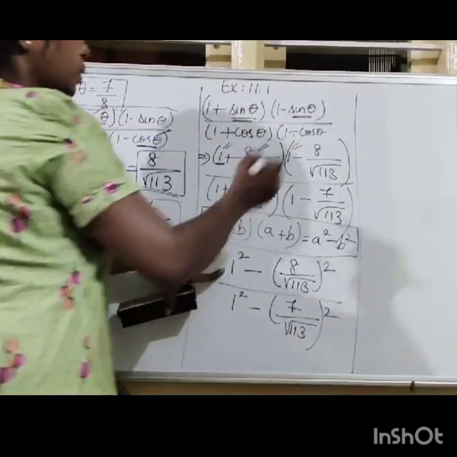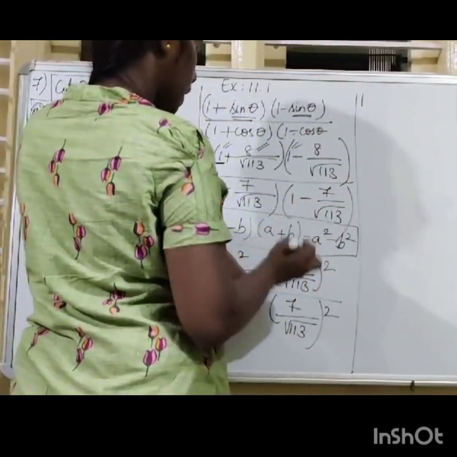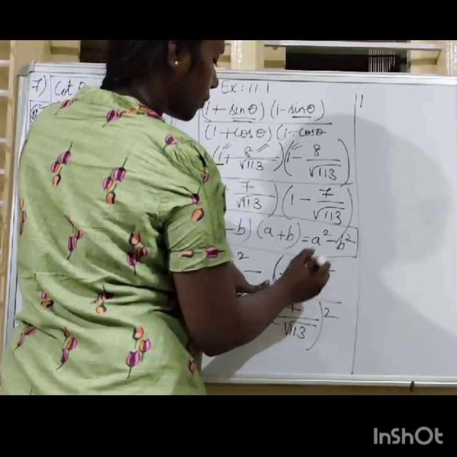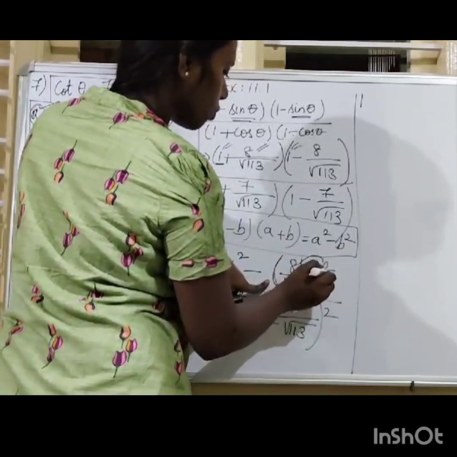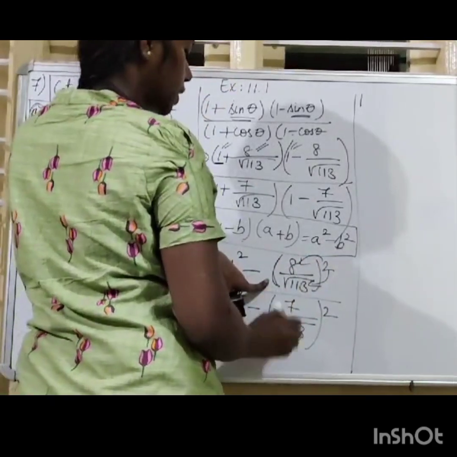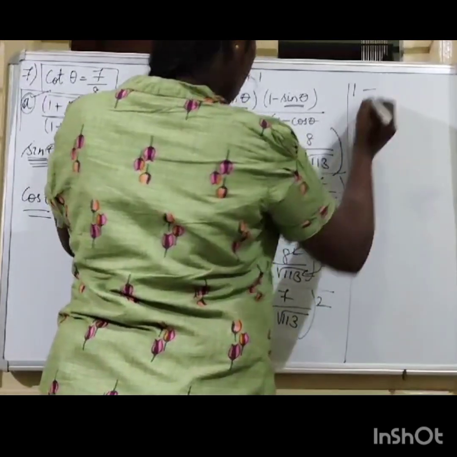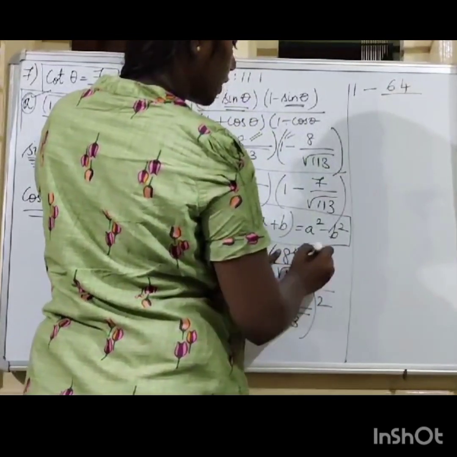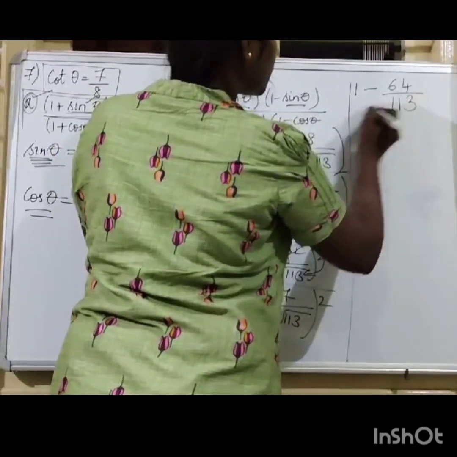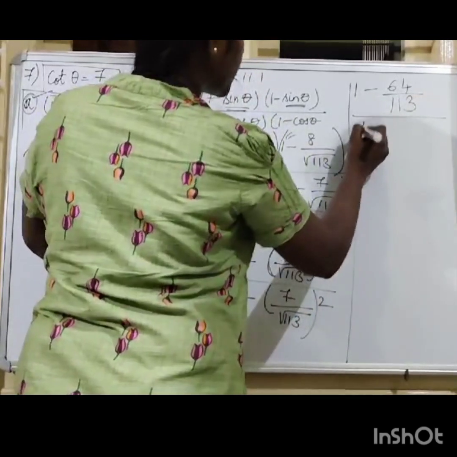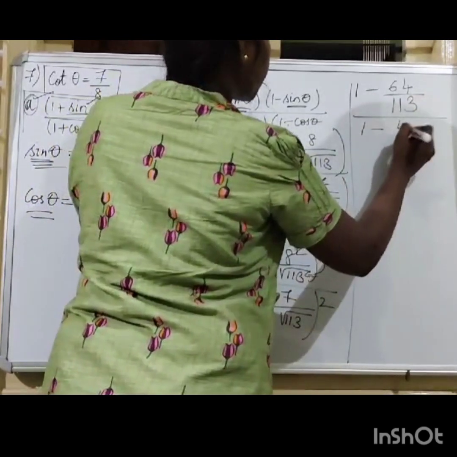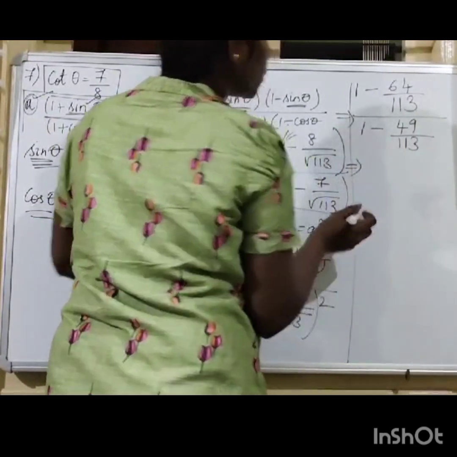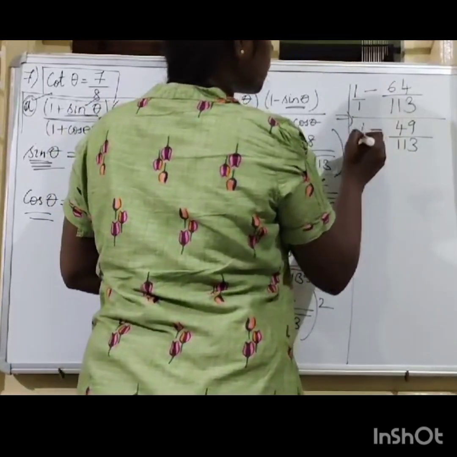Now 1 square is always 1, and it is 8 divided by square root of 113 the whole square, which means the square is applied to 8 and also to square root of 113. So it is 1 minus 8 square, which is 64, and square root of 113 the whole square will be 113, the whole divided by 1 square is 1 minus 7 square is 49, whole divided by 113. So our next step, we'll have to take LCM.